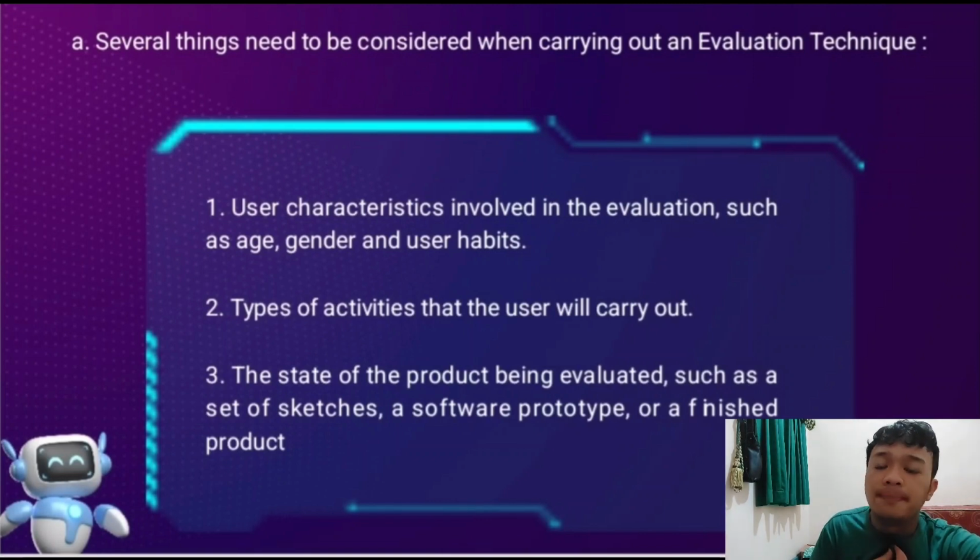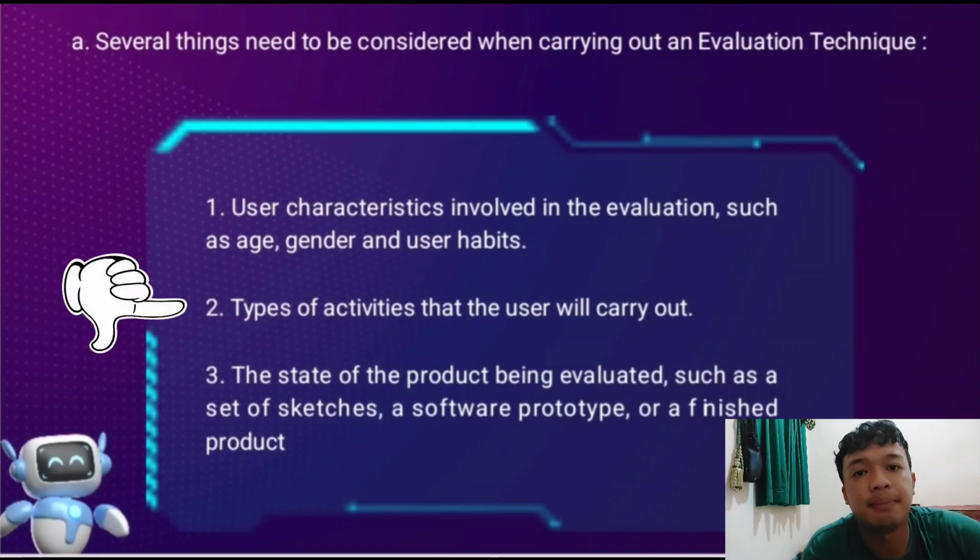For example, someone who is familiar with technology may understand and use new features more quickly than someone who rarely uses technology. Understanding and considering these characteristics is very important so that the evaluation carried out can provide accurate and relevant results.